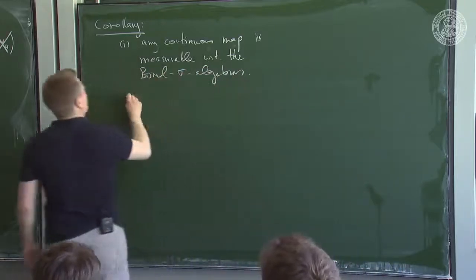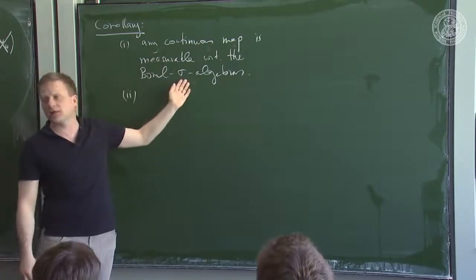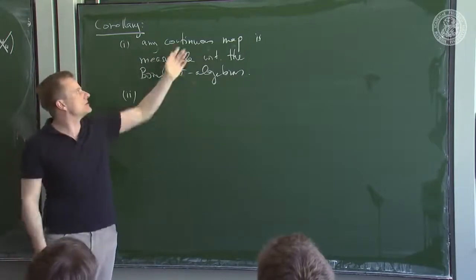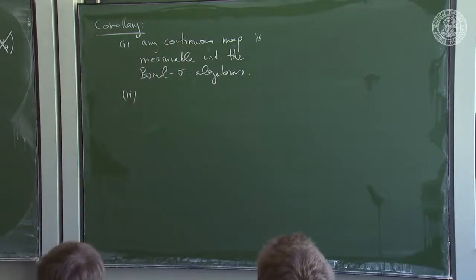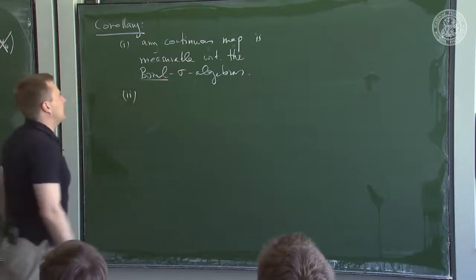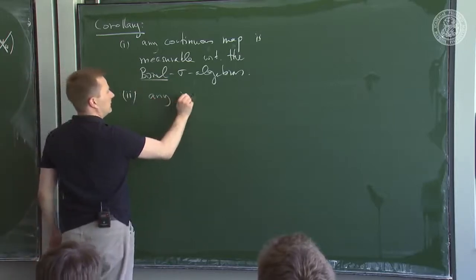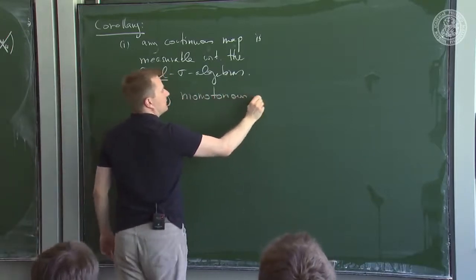Without further explanation, it wouldn't make sense to say any continuous map is measurable with respect to another sigma algebra, because you need to link the continuity to the measurability, and that you do by the Borel sigma algebra. And the other statement is that any monotonous map, these are just examples, right?